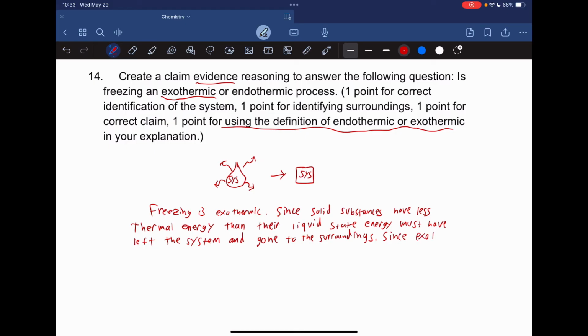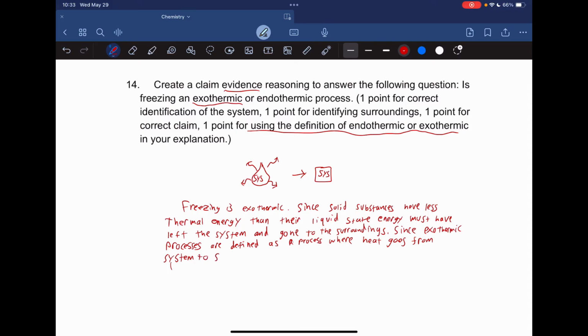Since exothermic processes are defined as a process where heat goes from system to surroundings, this process has been exothermic.